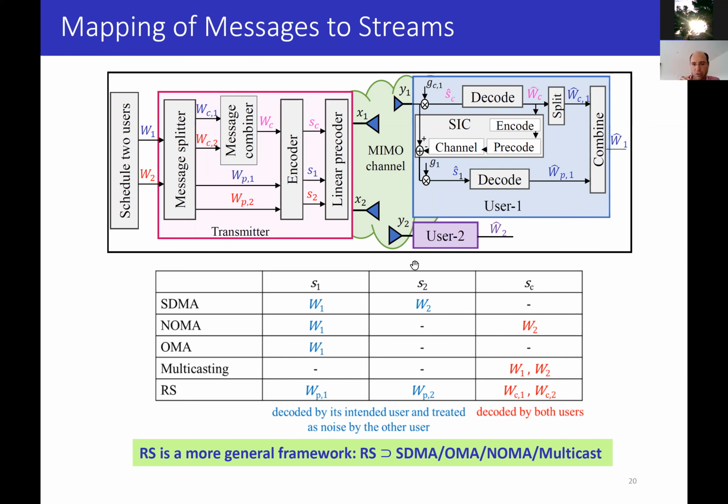Anything that is transmitted into S2 will be treated as noise at user 1. And so by adjusting the content of SC, S1, and S2 and the power allocation, essentially you can bridge SDMA, NOMA, OMA, multicasting, and you see that rate splitting is just a superset of all those multiple access techniques.